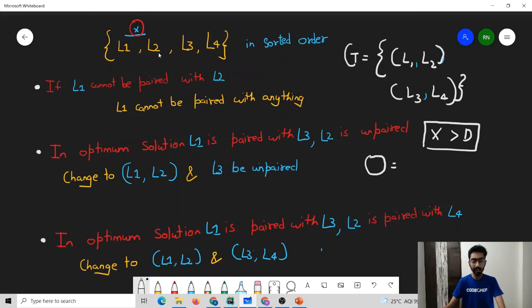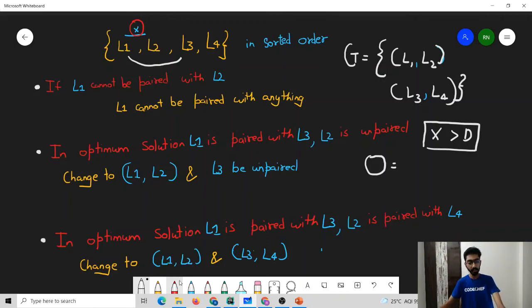So if L1 and L2 have a difference greater than d, then for sure the difference between L1 and L3 is also going to be greater than d, because the difference between L1 and L3 is greater than or equal to the difference between L1 and L2. You can see that because the array is already sorted, and if the adjacent elements have a difference x, then these two non-adjacent elements are surely going to have a difference greater than x.